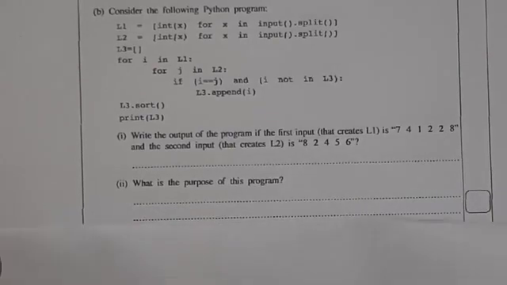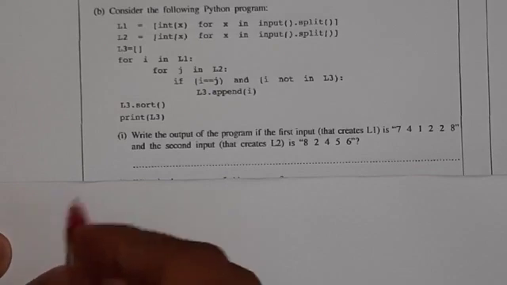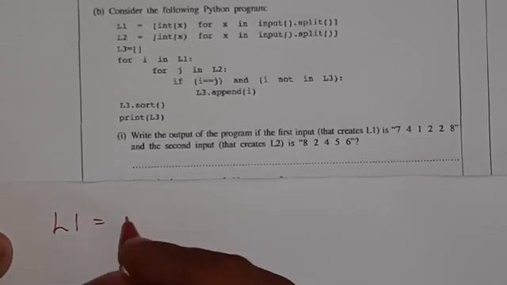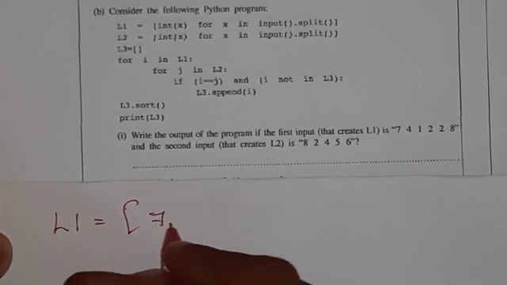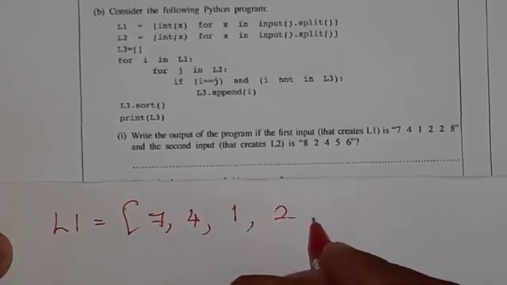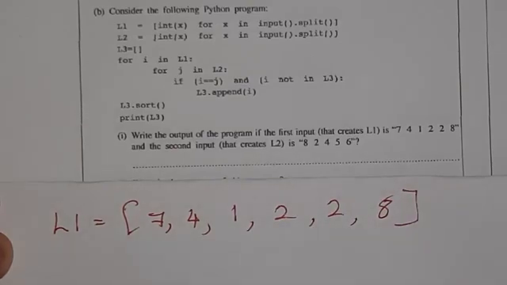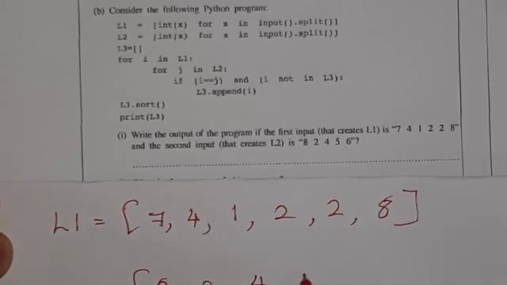So according to their data, L1 is 7, 4, 1, 2, 2, 8. L2 is 8, 2, 4, 5, 6.